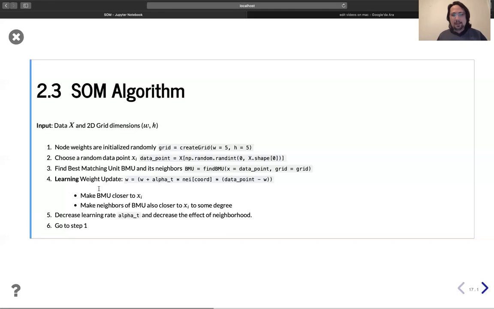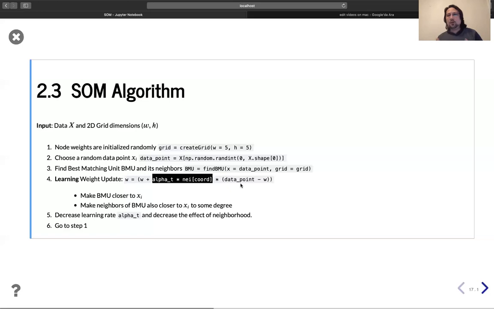So what is the update rule here? Next weight equals previous weight plus learning rate times neighborhood function times (data point minus weight). For the moment, don't think about this part. Just think that these two, the learning rate and the neighborhood function, return 1. In this case, what is the result? Weight equals weight plus data point minus weight.